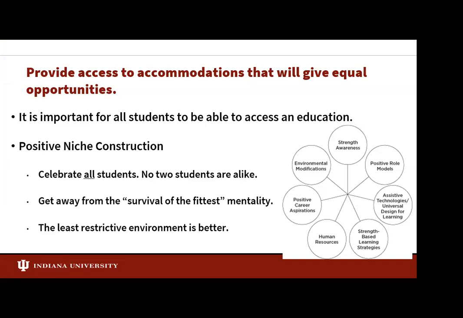And I'm going to use a reference from Thomas Armstrong's book, Neurodiversity in the Classroom, where he talks about positive niche construction. And in his book, he talks about the importance for educators to provide a space for neurodivergent students to have an education.